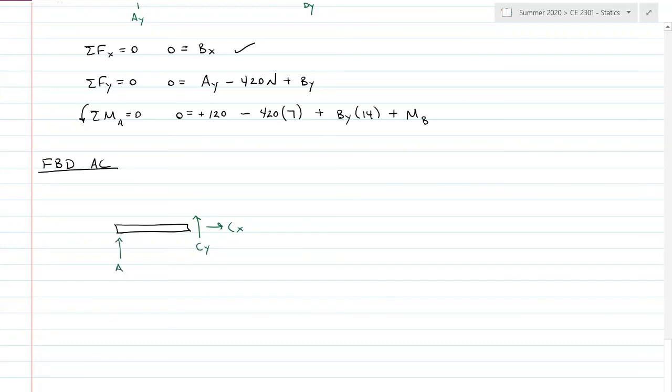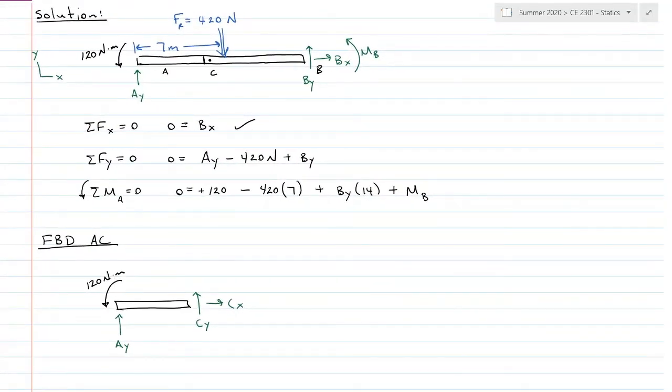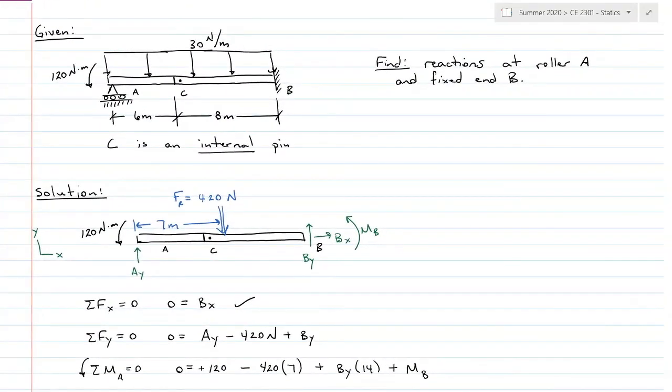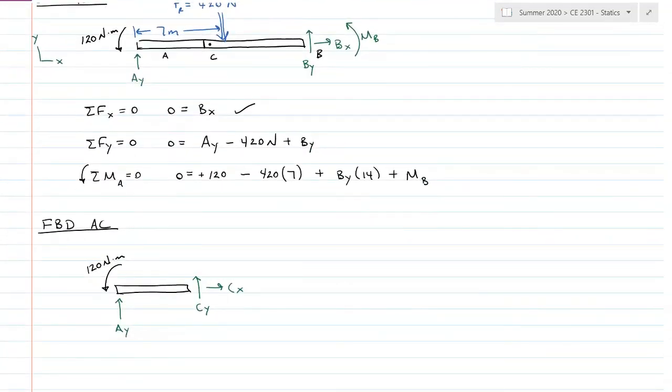I still have my AY reaction here, and I still have my applied moment, 120 Newton meters. Now I also have the distributed load coming all the way back up here. This distributed load is over the entire system. So if I'm looking at part of the system, then I need to look at part of the distributed load. So I'm going to have a new resultant force that is 30 times 6 meters, so that's 180 newtons for my resultant force, and it acts at 3 meters from A.